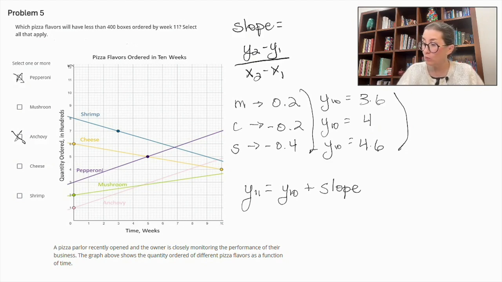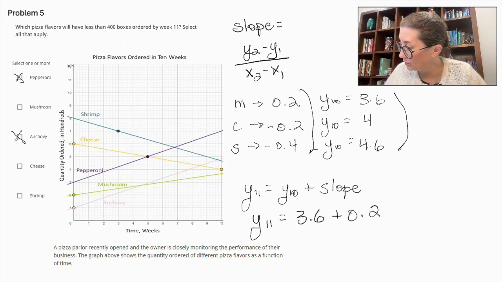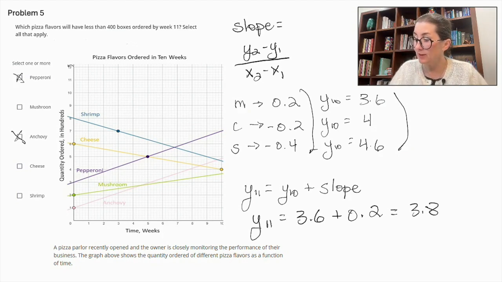So let's start with mushroom. Week 11 is equal to 3.6 plus 0.2, which is equal to 3.8. Which pizza flavors will have less than 400 boxes ordered by week 11? Mushroom will be one of them.